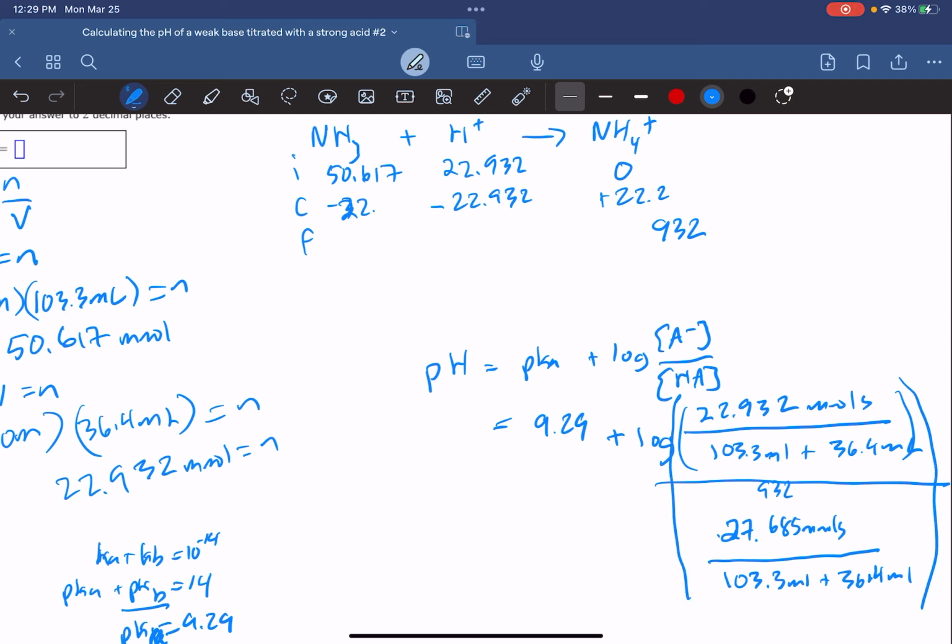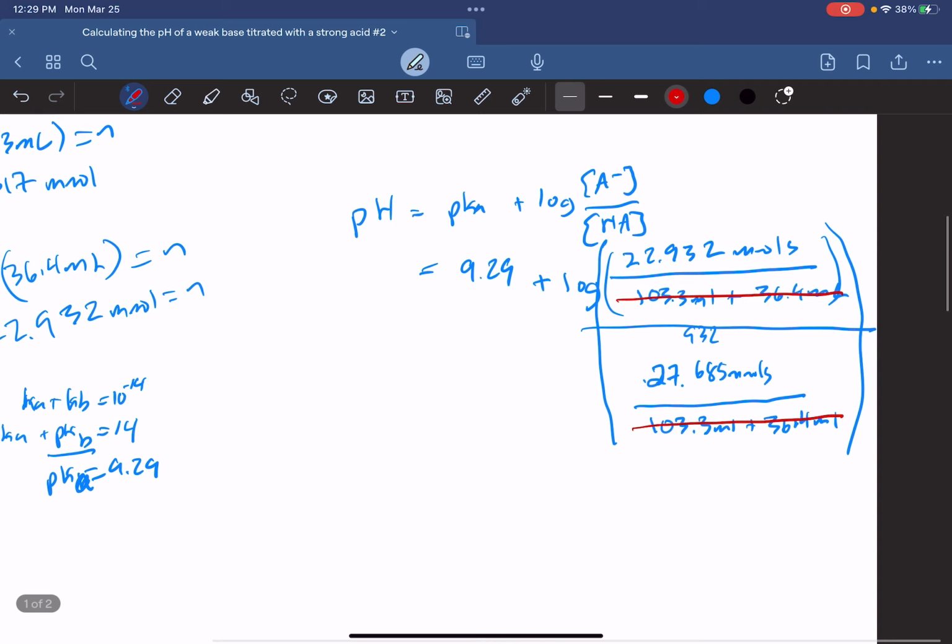The reason this is super cool, and the reason that we didn't bother to do the math originally with this right here, is that if you take a look, aren't this right here and this right here the same thing? So we can actually just cancel them out. This cancels out with this.